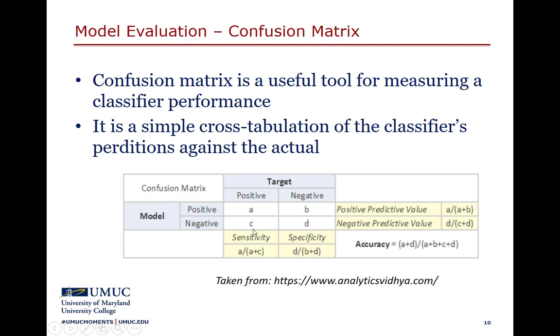Now you can see how the sensitivity is calculated, the specificity, the positive predictive values and negative predictive values, and overall accuracy. We will discuss all those parameters in subsequent slides. But the confusion matrix is a very common tool, a tabulation strategy for capturing classification performance, predictions, and actual outcomes.